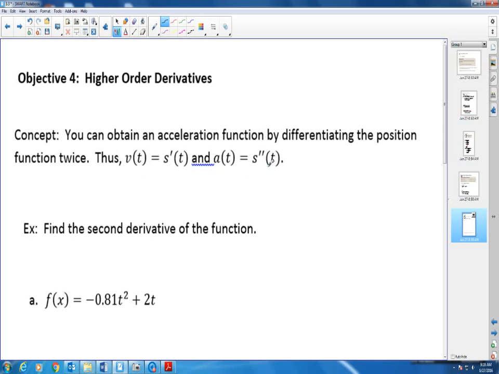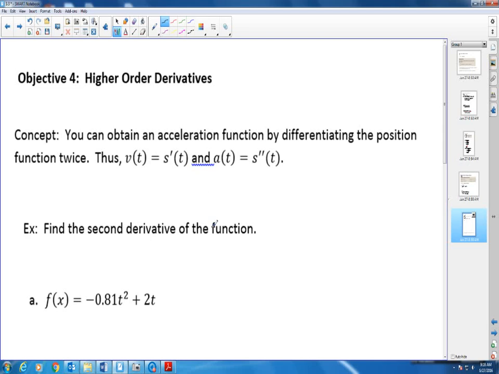If I take a derivative twice on the position function, it will lead me to the acceleration function. So if I already have a velocity function, if I take the derivative of that one more time, I end up with acceleration.